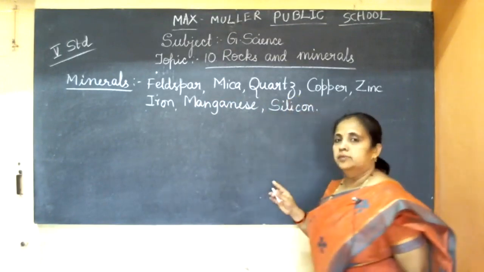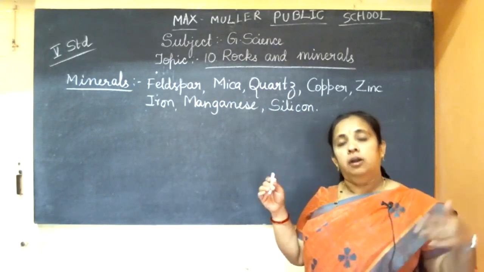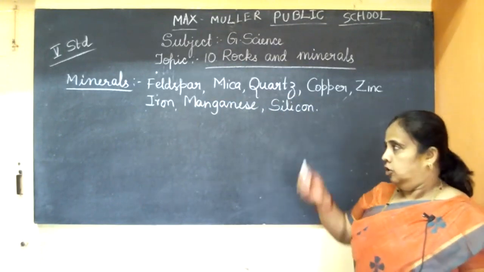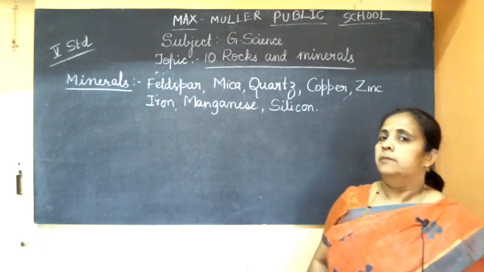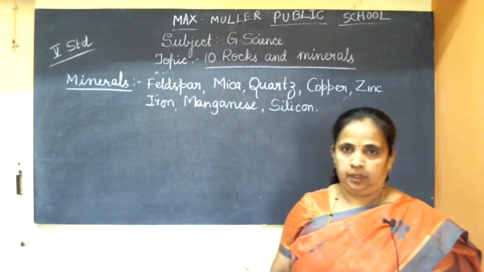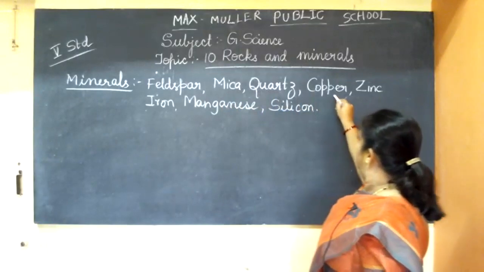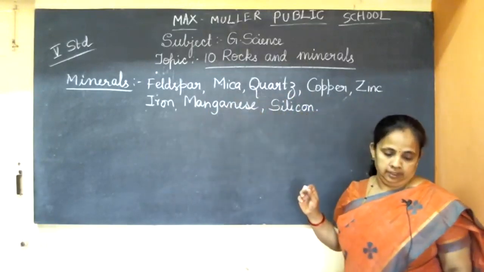So these are names of a few minerals. The combination of these minerals will form rock. So minerals can be defined as the substances which make up the rocks. A few examples are feldspar, mica, quartz, copper, zinc, iron, manganese, and silicon.